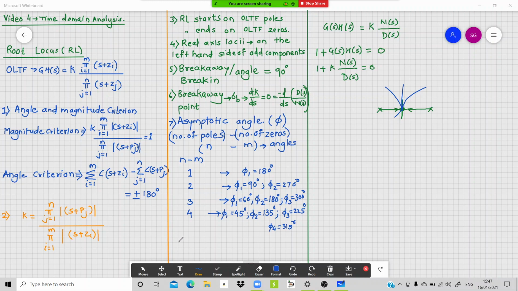The formula to calculate phi is (2q plus 1) divided by (n minus m), into 180 degrees. What is this q? It takes the values 0, 1, 2, 3, until n minus m minus 1, because it starts with 0. For one branch, you have the 0th calculation.